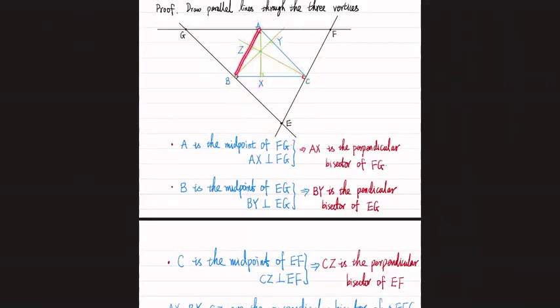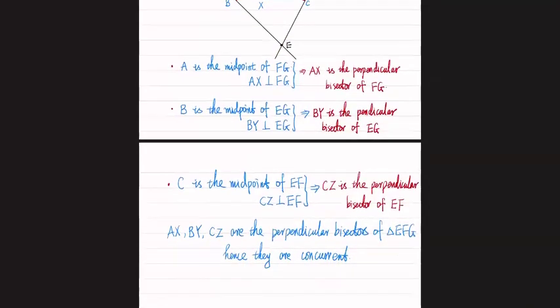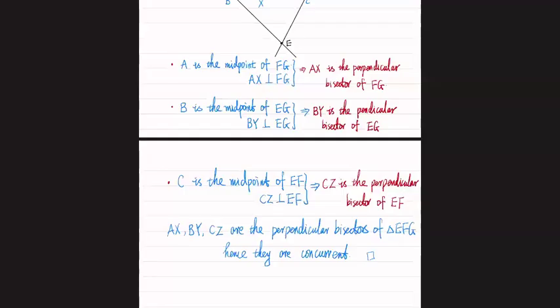They are also the altitudes of the smaller triangle, so the altitudes of this triangle are also concurrent. Okay, so this completes the proof.